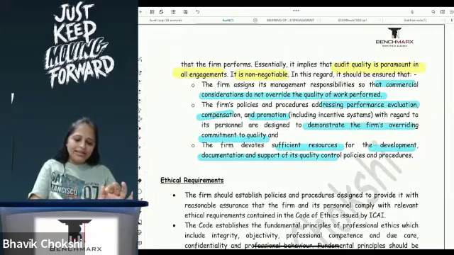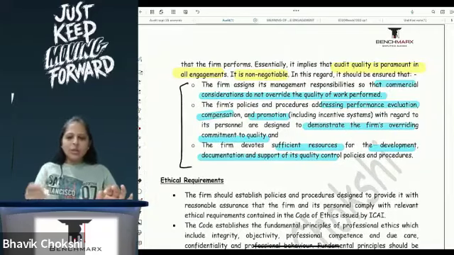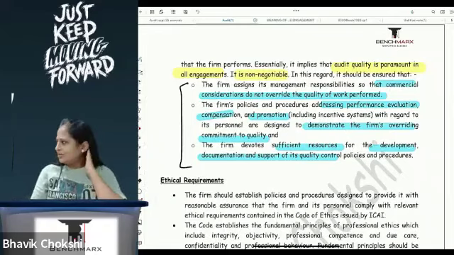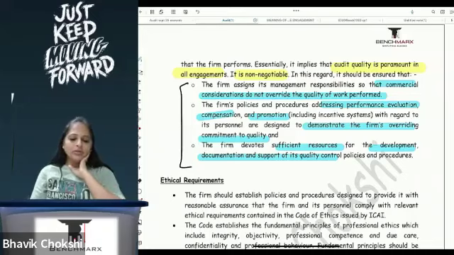There is a case study, test your knowledge karke, in your module, which says that there is a client who is not complying with any of the regulatory requirements.